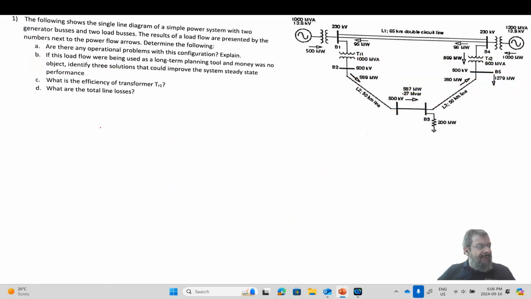Then in part C, what is the efficiency of TR1? The efficiency of anything is P out over P in. For TR1, the amount of power that goes into the transformer is the 95 megawatt and the 500 megawatt, so P in is 500 plus 95.